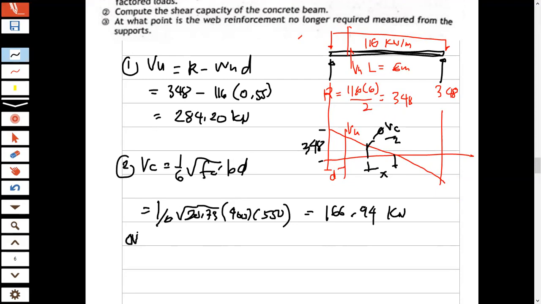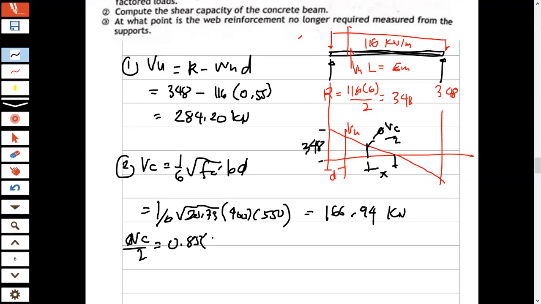Or phi VC over 2. Phi is 0.85. No? 0.85. Pagka flexure, 0.9. Sa column is 0.75. Okay.